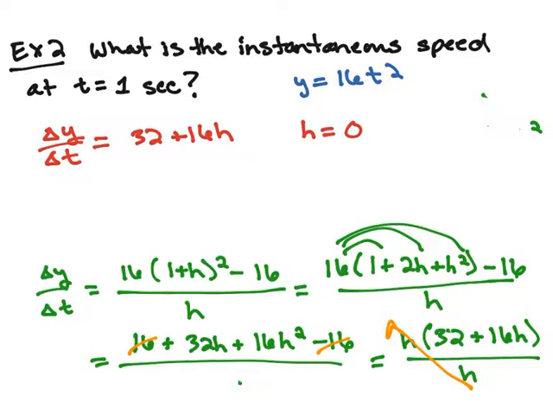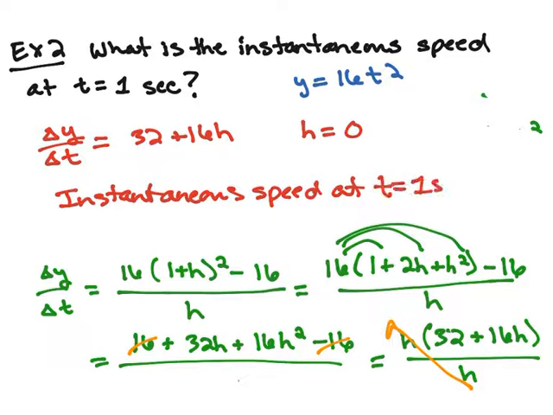We calculated this as if t1 was 1 and t2 was 1 plus h. But we don't want h to be anything. We want to know exactly what's happening at t equals 1. So if h is 0, then we're going to get the average rate of change, or sorry, I take that back, the instantaneous speed at t equals 1 second is equal to 32 feet per second.